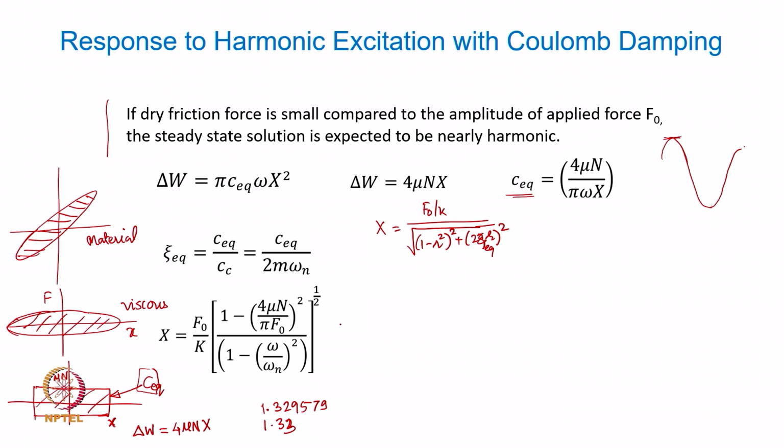The response amplitude will be now in terms of the coefficient of friction, and capital N of course is going to be the normal reaction, which in general depending upon the situation would be the weight of the mass. Okay. Right. So, this is the way we can take care of Coulomb damping case by finding out an equivalent viscous damping factor.